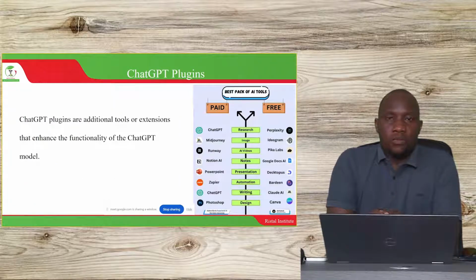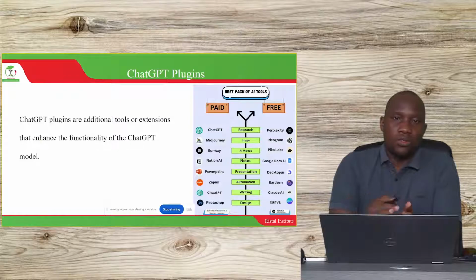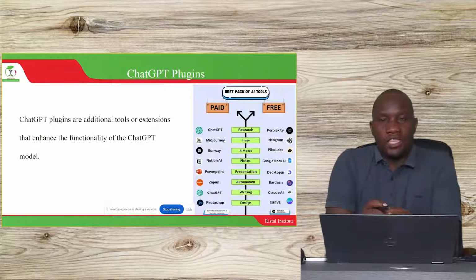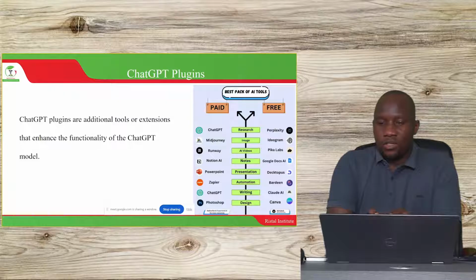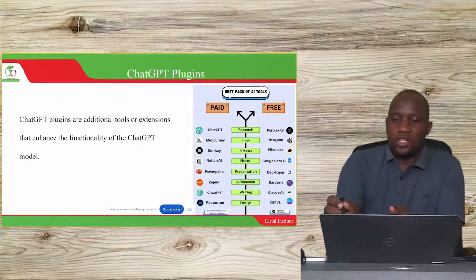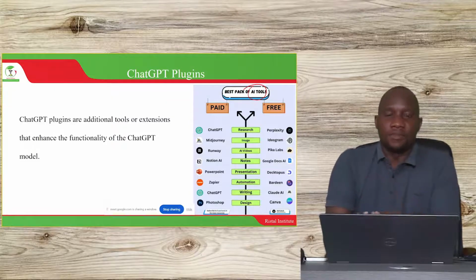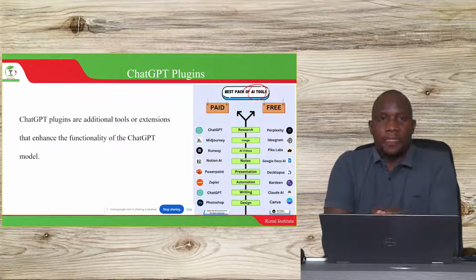With ChatGPT, we have what we call plugins. The plugins are basically extensions or additional tools that are linked with ChatGPT, and they can perform specific functions. So here, these are some of the AI tools that are actually linked with ChatGPT, and you can access these tools when you have the paid version, what we call the premium version of ChatGPT.